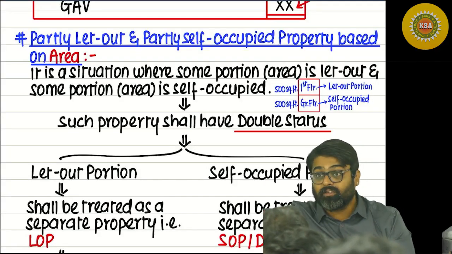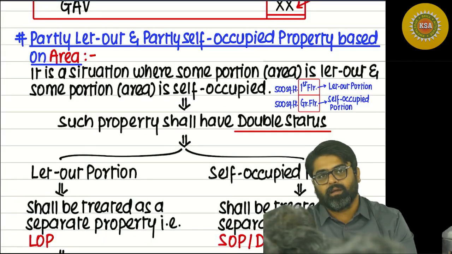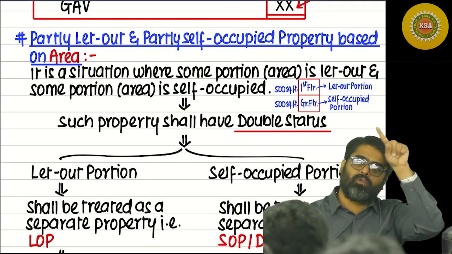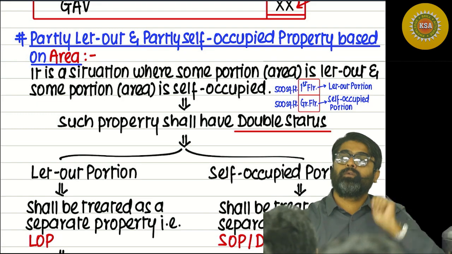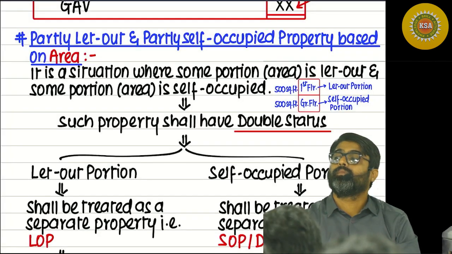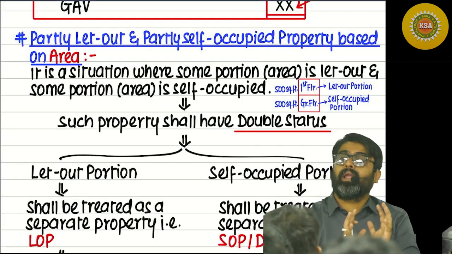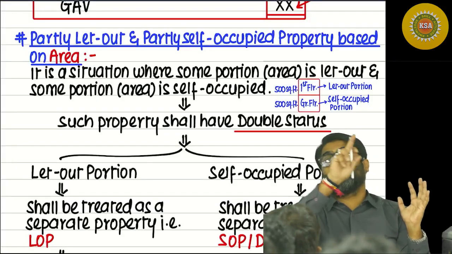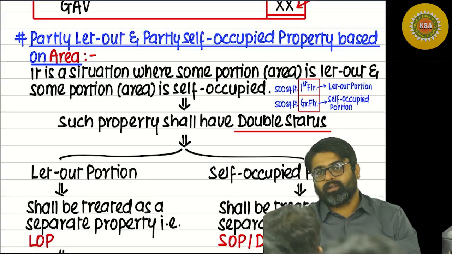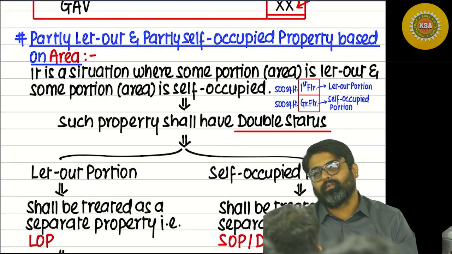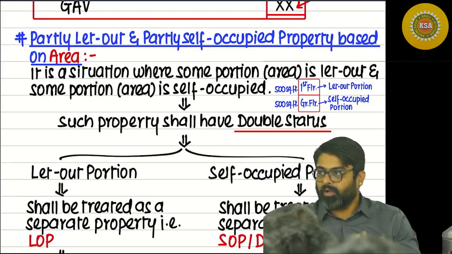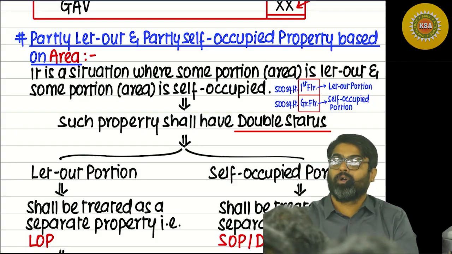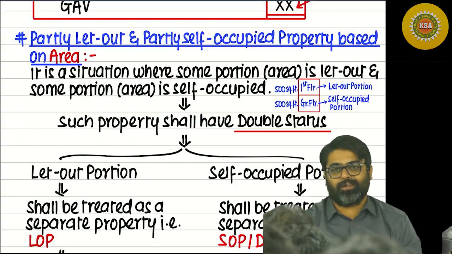Will you like it? Now tell me, can you claim the exemption for the entire property? If you do it, the government will not like it. By doing this, you are claiming the exemption for that portion also, which you have actually let out.